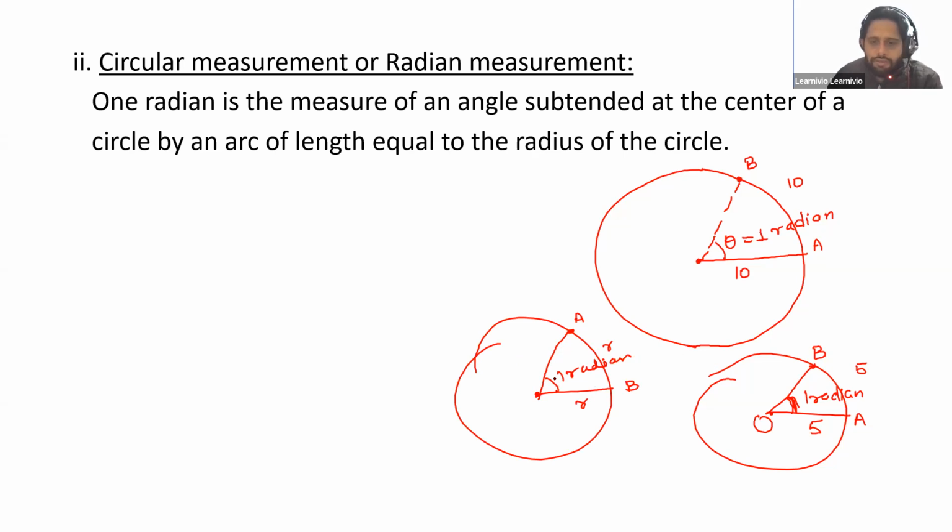I hope this definition is clear to all. So please note down this definition, and confirm to me. Then we will check the relationship between the radian and the degree. Then we will do some questions. Please note down this definition.